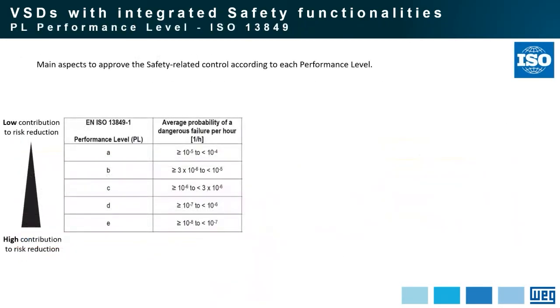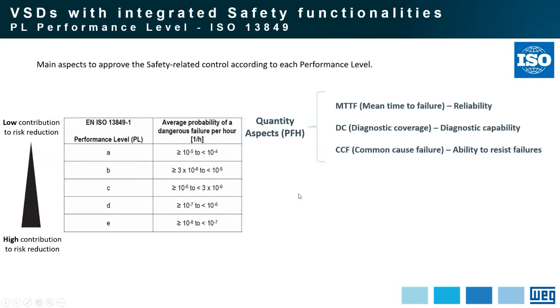But additionally to the risk assessment, it is necessary to evaluate the main aspects to approve the safety-related control for each performance level. So additionally to the average probability of dangerous failures, there are different evaluations that must be done with these standards. First one is concerning the quantity aspects.